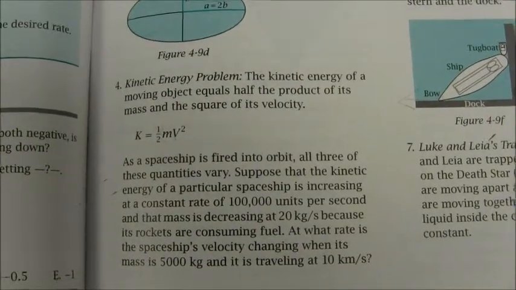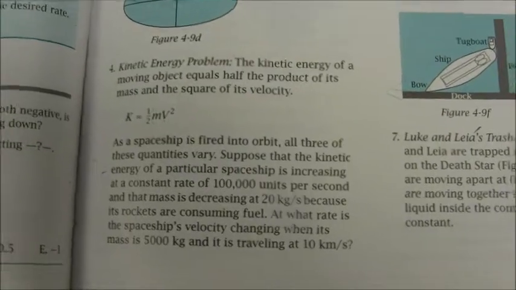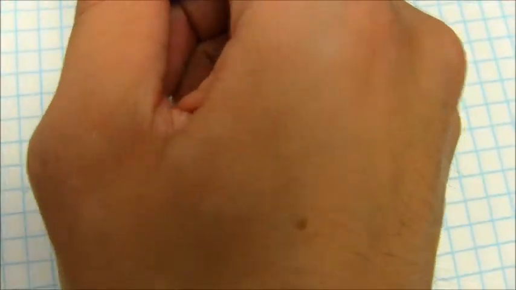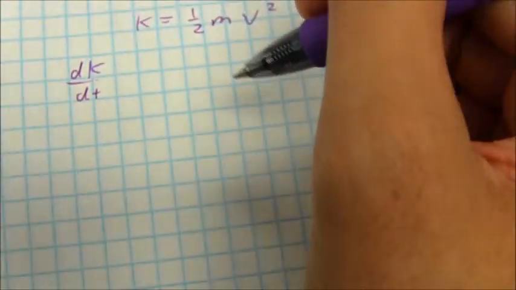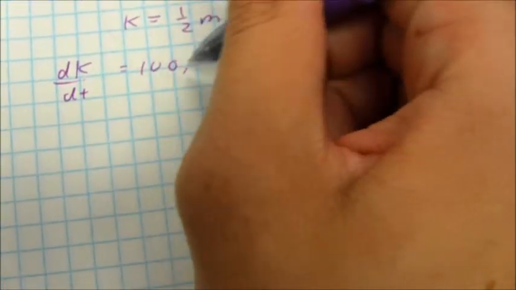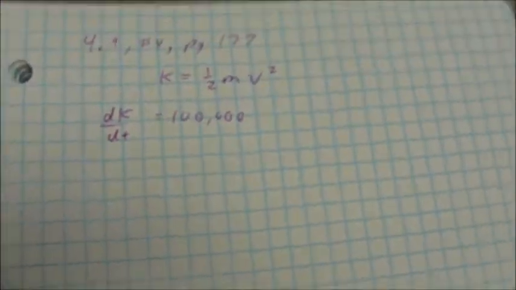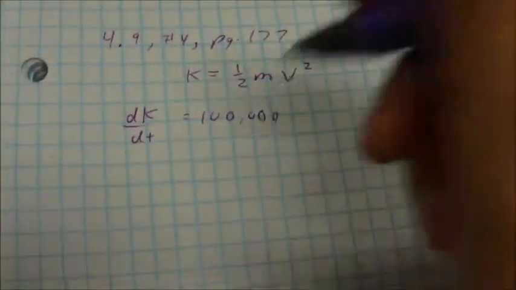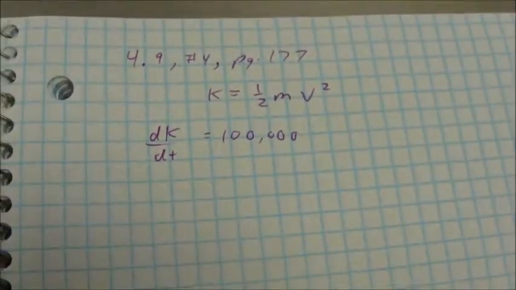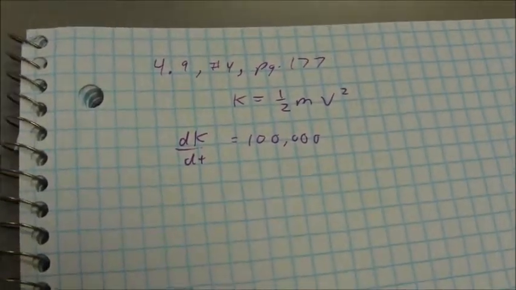That's the change in the kinetic energy, so that is going to be a value of dK/dt equal to 100,000, and I'll annoy every science teacher in the world by leaving out the units for the time being, but we will go back and look at that at the end.